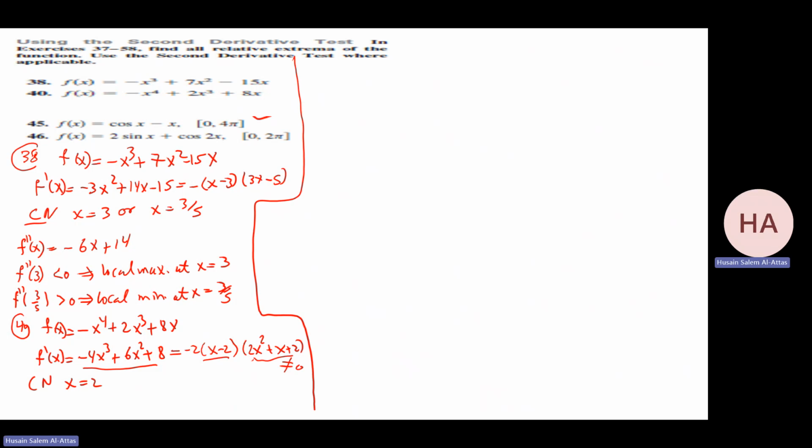Okay. So now what is f double prime? F double prime will be minus 12x squared plus 12x.